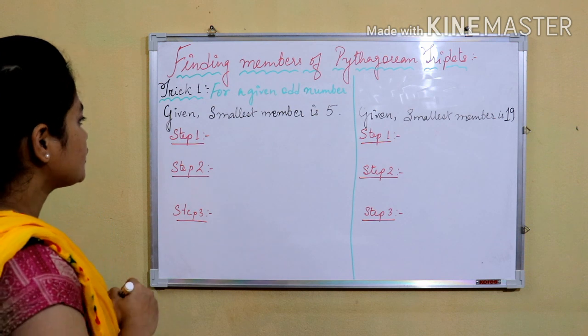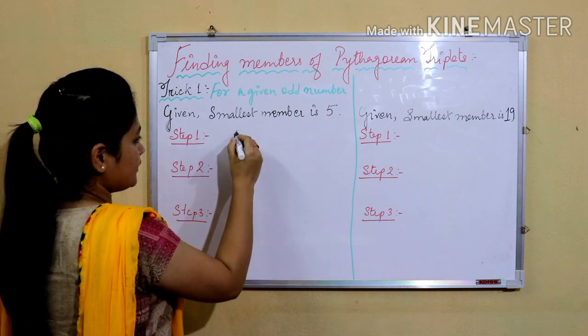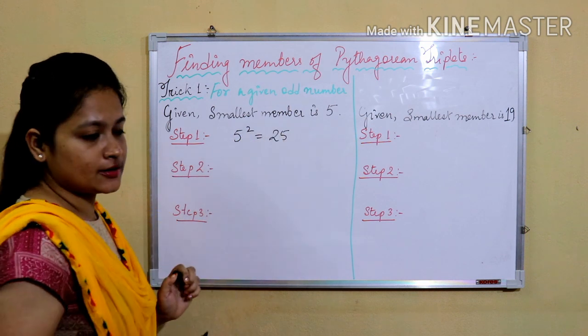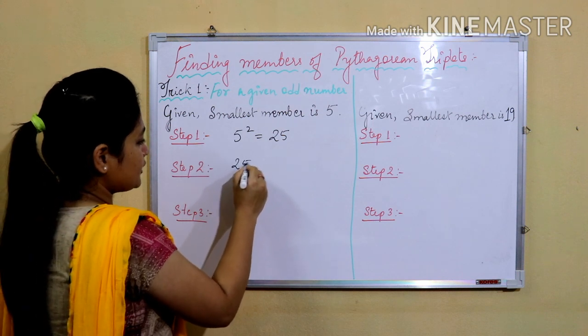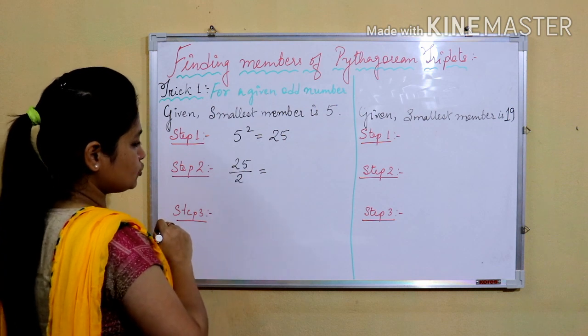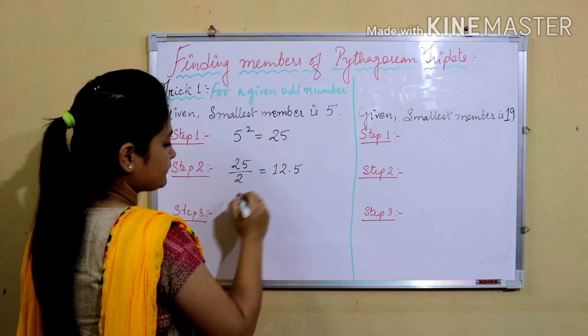Okay, let us see. In the first step, we will find out the square of this given number. So 5 square, which is 25. Then I will divide this 25 by 2. So by dividing 25 by 2, I will get 12.5.